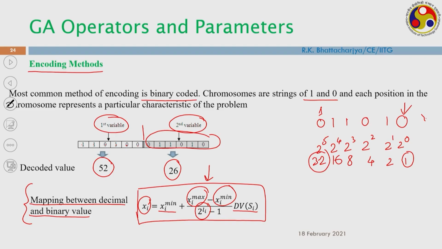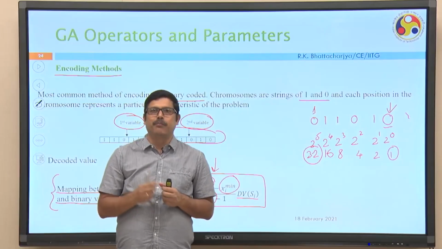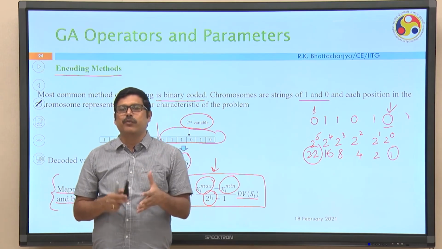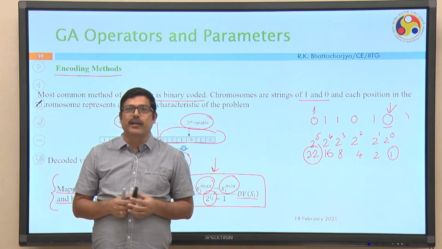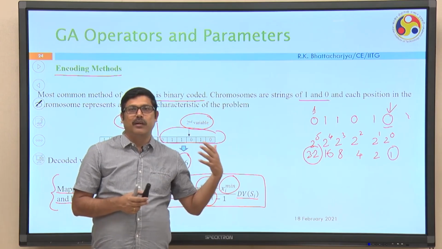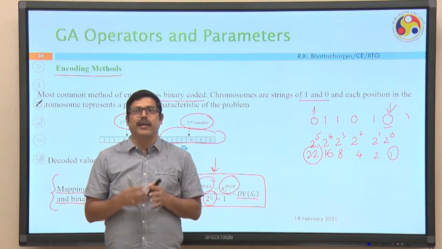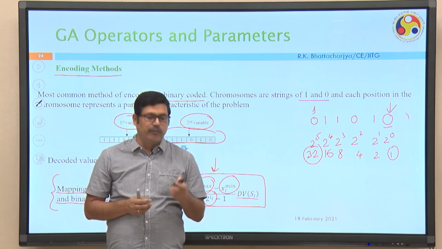Similarly, if you change a right hand side bit, the corresponding change in the decoded value will be very small. I will use this concept when I discuss crossover and mutation. So just remember, changing the right hand side bits is not very sensitive, the change in the decoded value is very small, but if somehow the left hand side bits are changed, there will be a huge change in the decoded value.